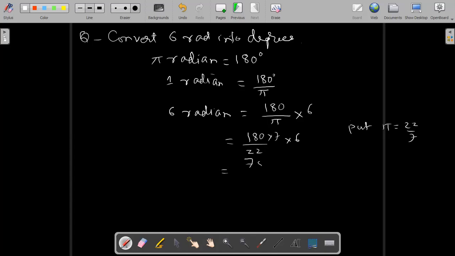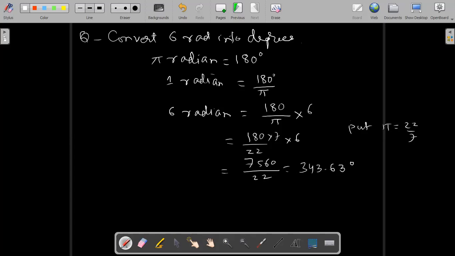So 7560 divided by 22, we get 343 point. Now we can go up to 2 decimal places, or we can go up to 1 decimal place. If you go up to 2 decimal places, 0.63 degrees.